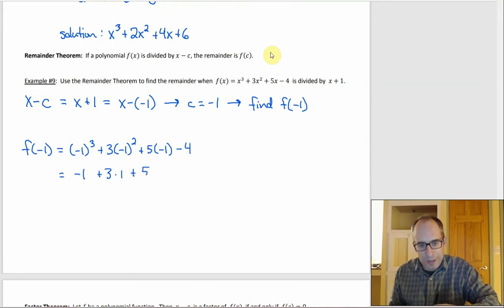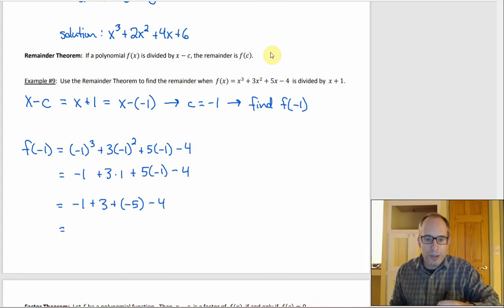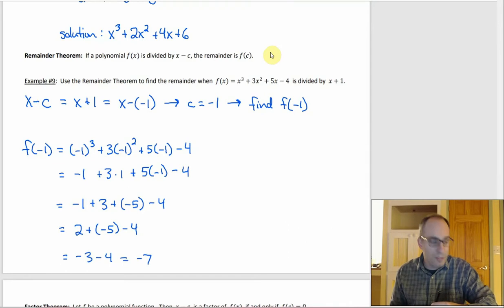I'll do the multiplications now, because all we have left is addition and subtraction. 3 times 1 is 3, and 5 times negative 1 is negative 5, and then minus 4. So negative 1 plus 3 is 2. 2 plus negative 5 is negative 3. So negative 3 minus 4 is negative 7.